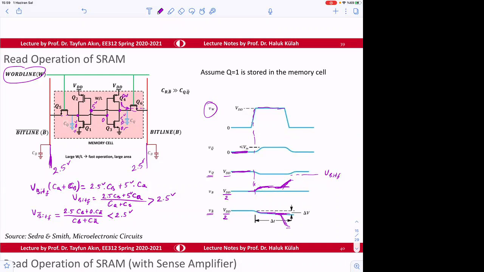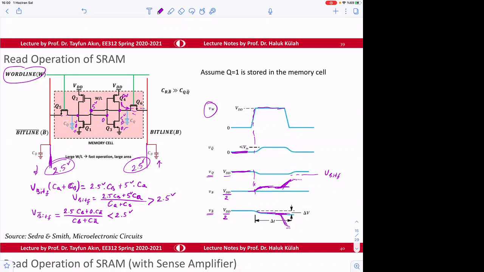So if we wait enough, this will go back up to maybe 5 volts, or maybe like 4 volts because of the voltage drop in the NMOS transistor. But the point here is that this 2.5 volts is going to be increased here slightly, decreased here slightly.